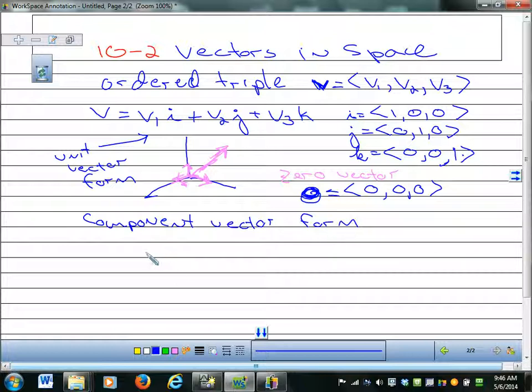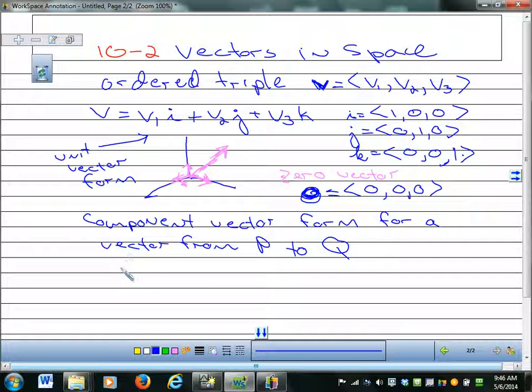If you have a vector from P to Q, okay, so remember that a vector not only has a magnitude but it also has a direction.